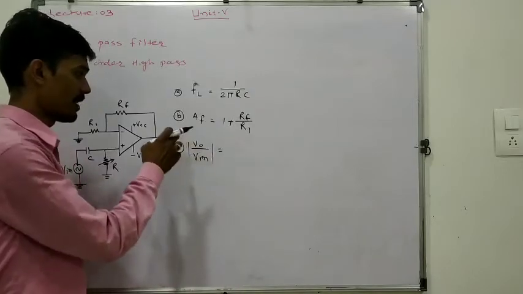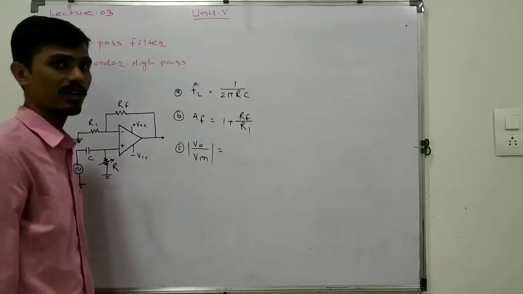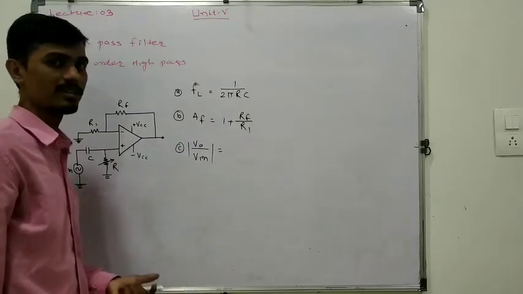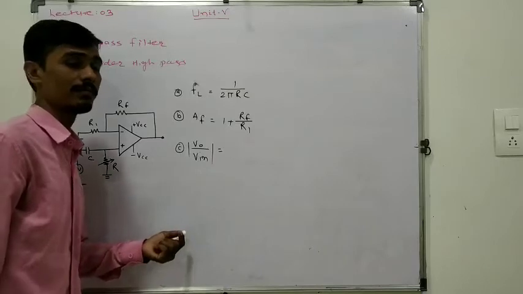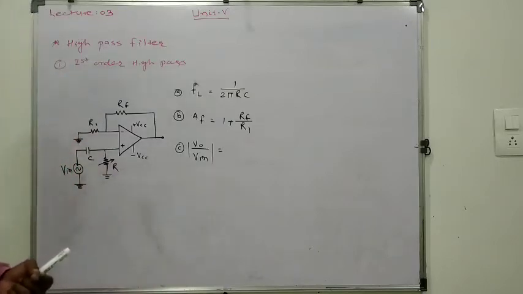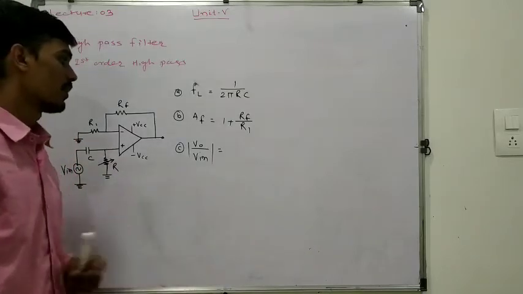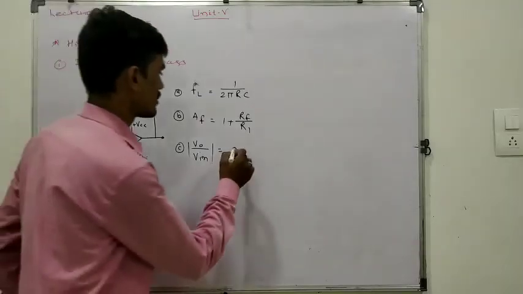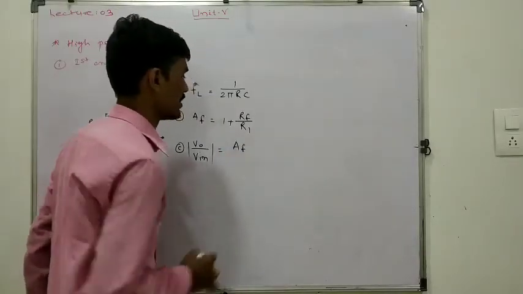By using this Vo by Vin, we can easily calculate the gain at a particular frequency in decibels by using the simple formula 20 log of Vo by Vin.